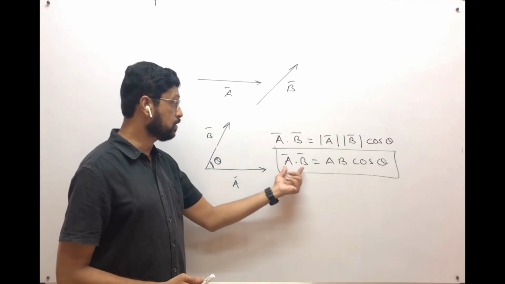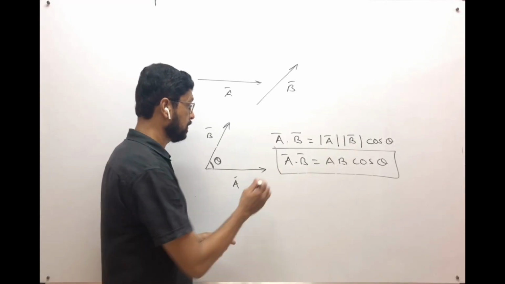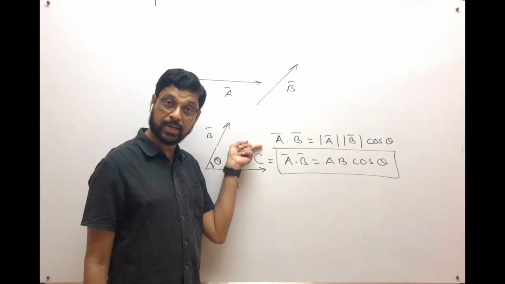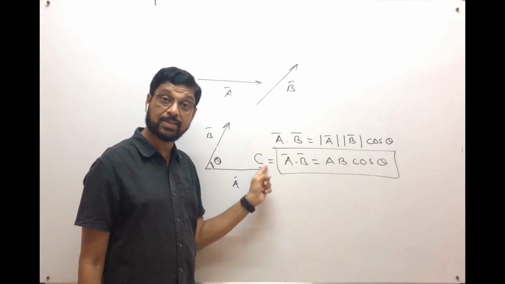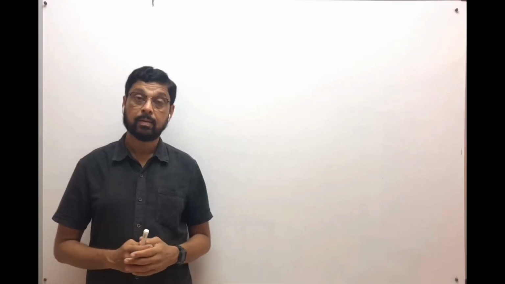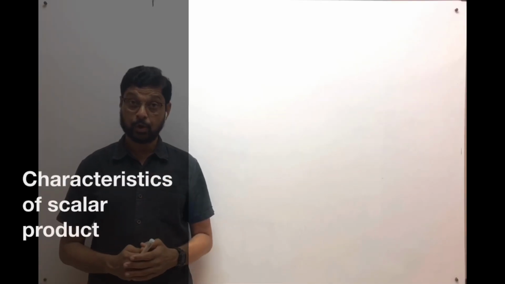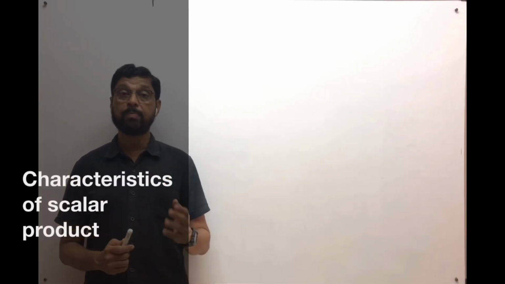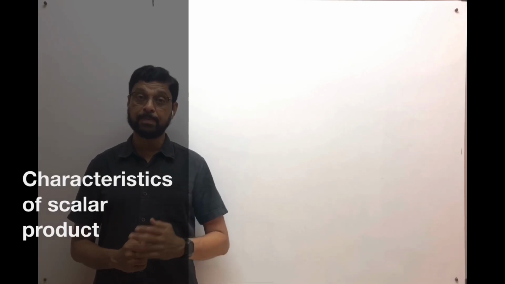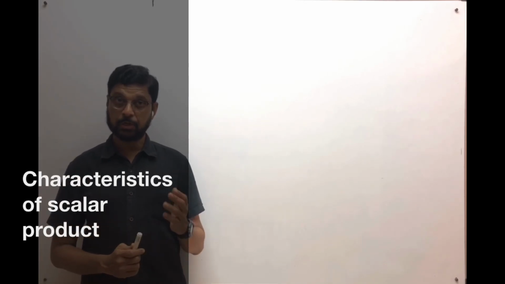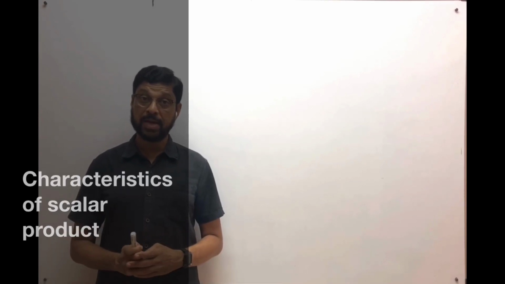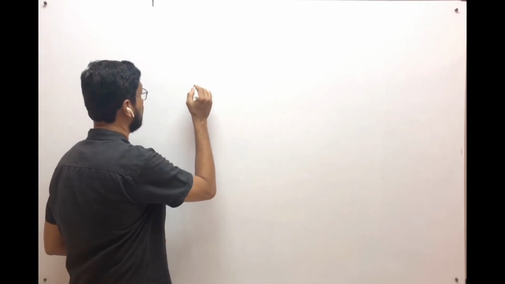And this dot product itself, suppose if it is C, then there is no arrow over it, means the dot product is a scalar quantity. The scalar product or dot product obeys the commutative law of multiplication. Means what?